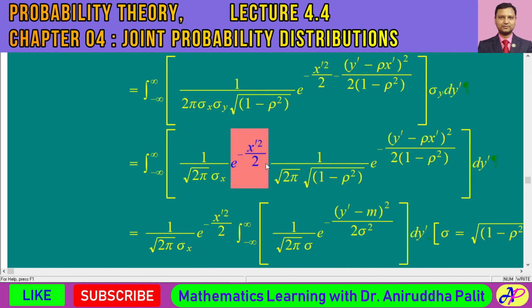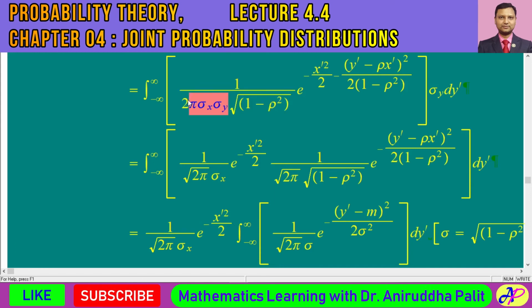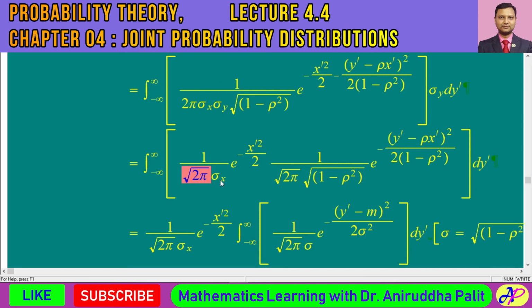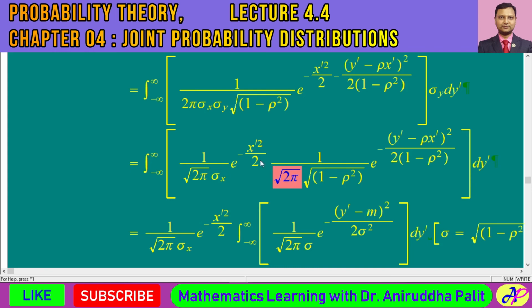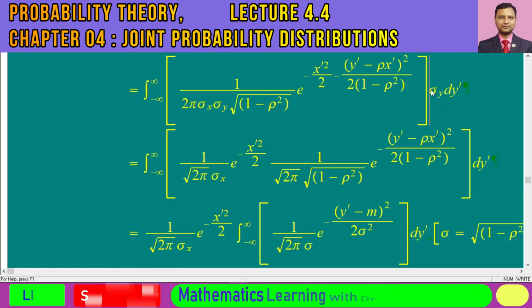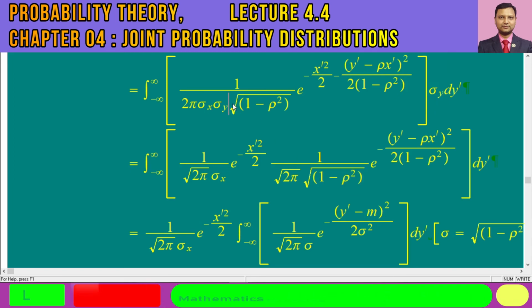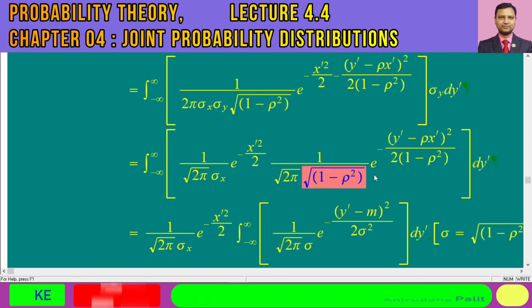Along with that, we are decomposing the first term as well. Over here, 1 by root over of twice pi sigma x is kept separate, and the remaining term 1 by root over of twice pi into sigma y would be there, but the sigma y is getting cancelled with the other sigma y, so no more sigma y comes over here. Only the root over of 1 minus rho square will be present.